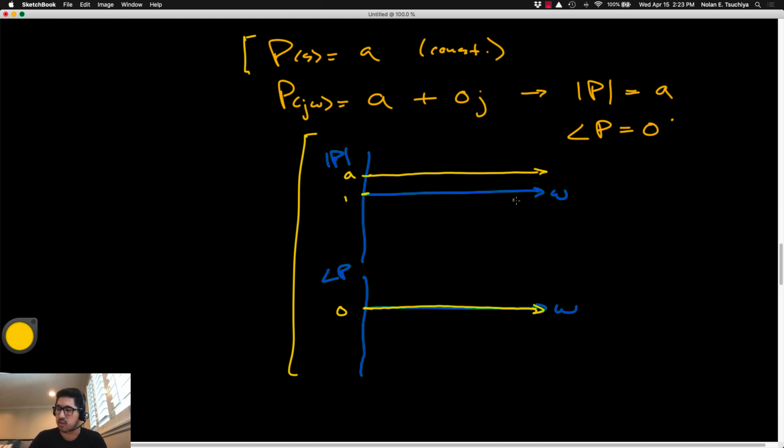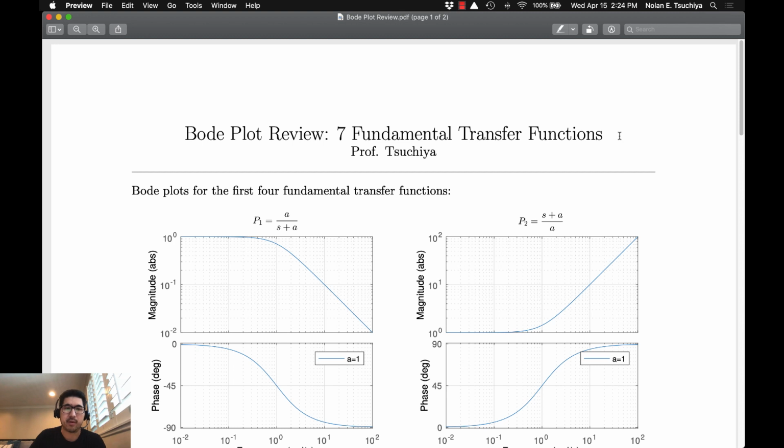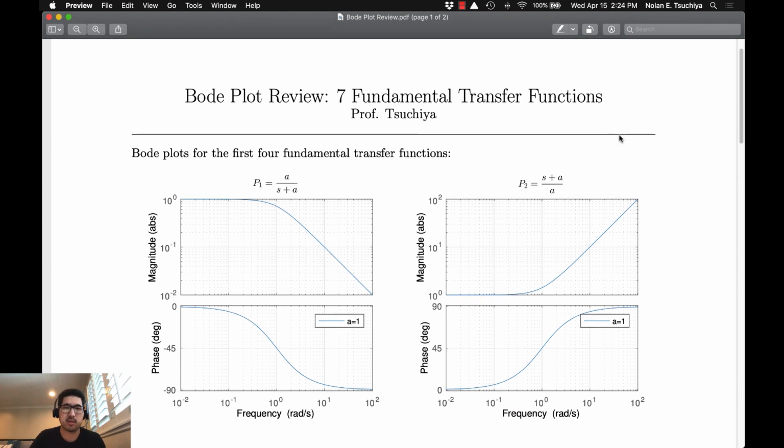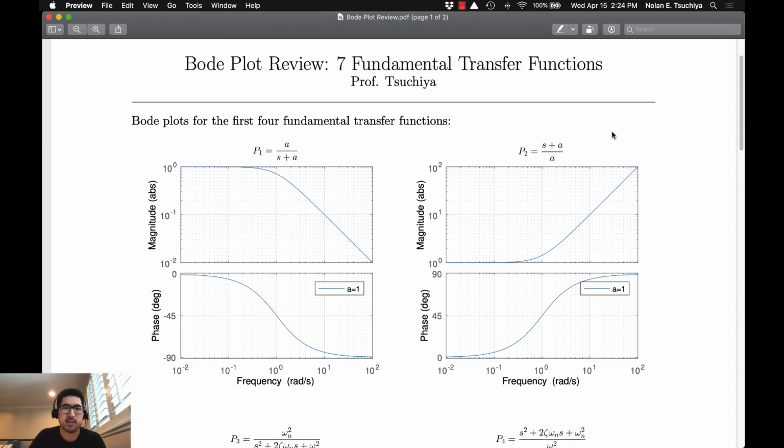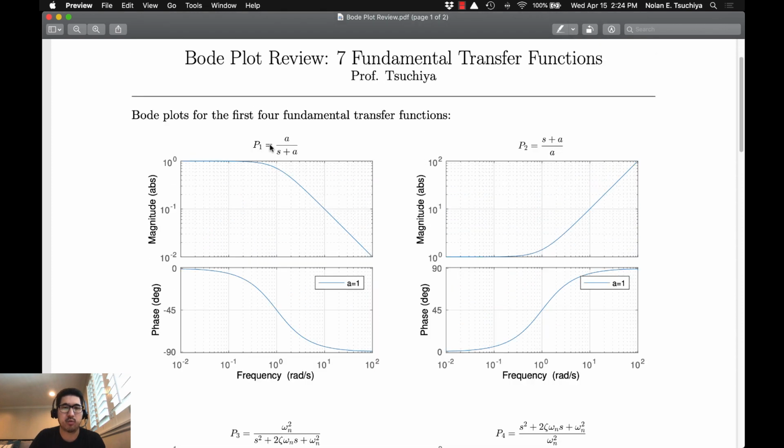Okay, so what we've done today very briefly is to outline these 7 fundamental transfer functions. And what I have here is a summary of all of those transfer functions in one nice location. So the 7 fundamental transfer functions, according to Professor Tsuchiya, is this set here, where you've got the 2 first-order transfer functions that are basically inverses of each other.